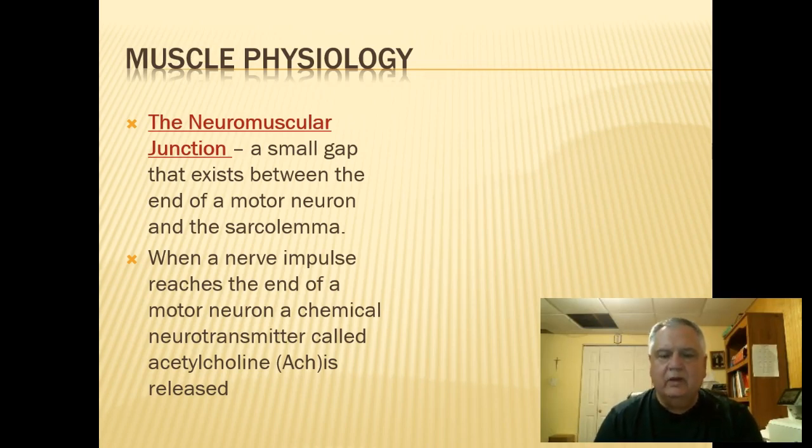So when a nerve impulse, a charge reversal, you may recall from A&P1, reaches the end of a motor neuron, what happens? The motor neuron has little packets of chemicals in the terminus, and these chemicals are referred to as neurotransmitters.